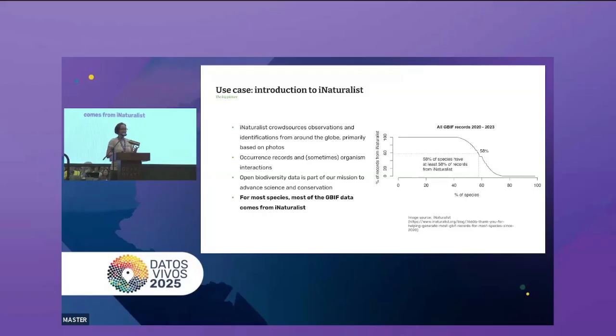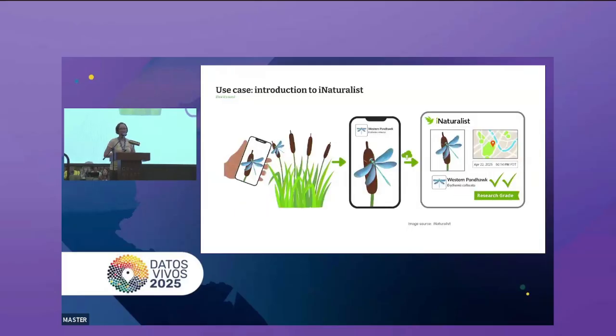Sharing biodiversity data is a huge part of iNaturalist's mission, and so we share a massive data set with GBIF. If you look at data since 2020, more than half of species have more than half of their data from iNaturalist. So I'm pleased to share how this would work.